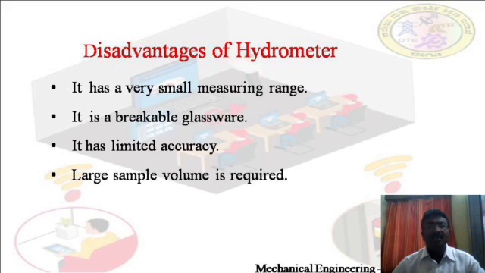Next, it has limited accuracy. Next one is a large sample volume is required. That is, to measure the relative density, we have to take a large sample volume of a liquid, then we have to pour it in the jar. That is the disadvantages of the hydrometer.